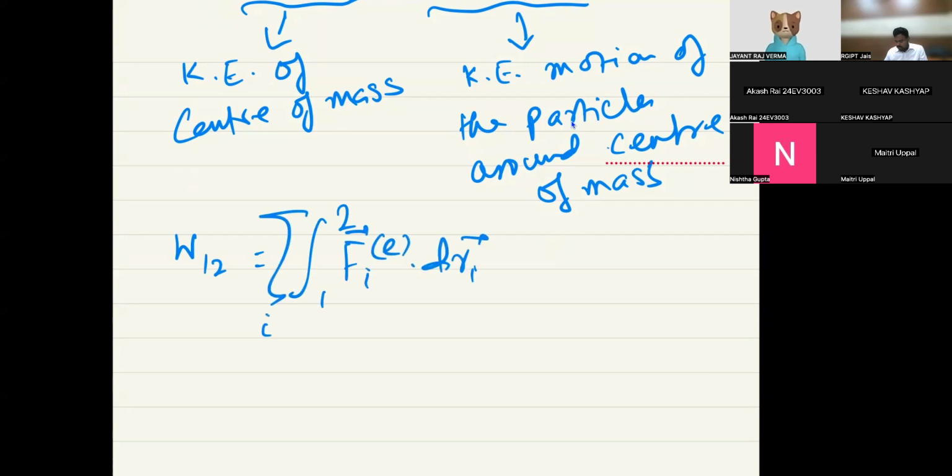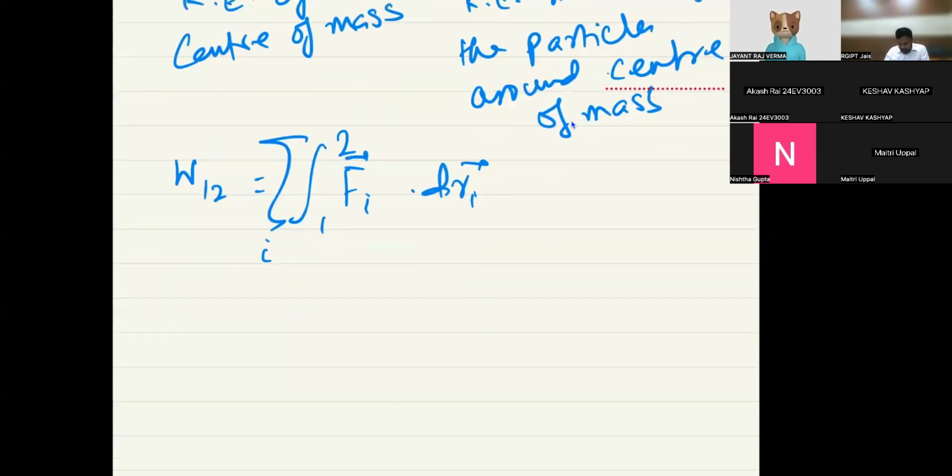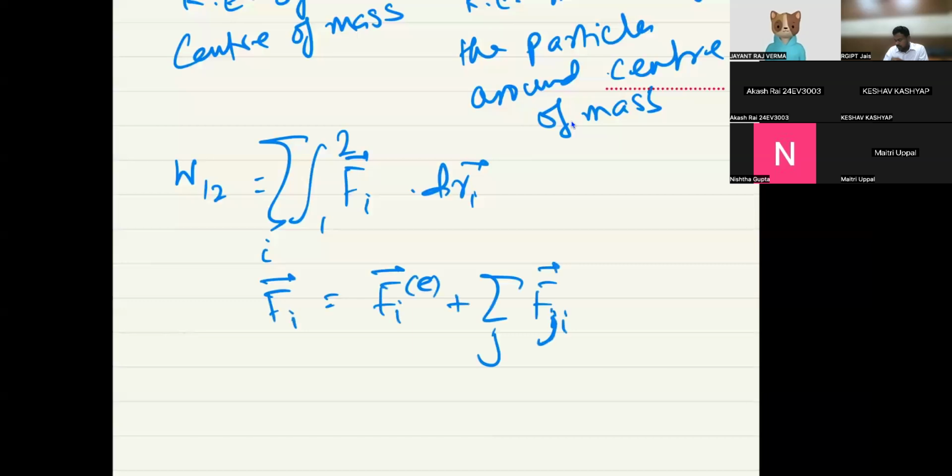This was the total work done, right? Sorry, this should not be F_i; this is the total force acting on the particle, F_i. And we know that F_i has two components: F_i is F_i^e plus the sum over j of F_ji. That is, the external force acting on the ith particle and the internal force acting on the ith particle due to all other particles present in the system.